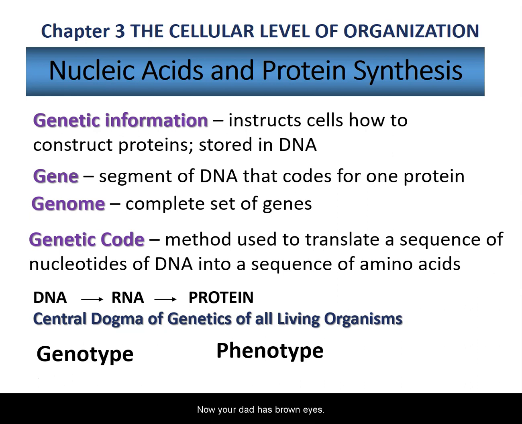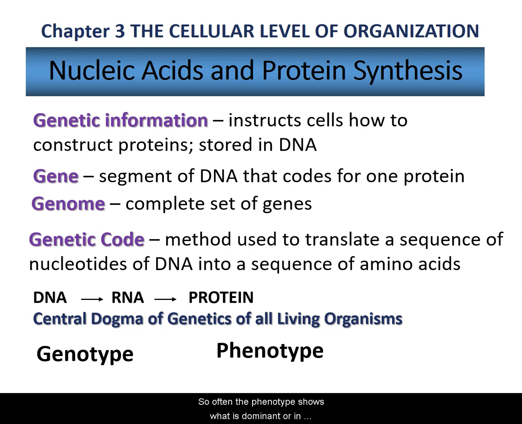Now, your dad has brown eyes, but his genotype is hybrid because you have blue eyes. Therefore, we know that he has the brown eye trait because that's what's being expressed. That's his phenotype. His genotype is hybrid because he has a brown eye trait and the blue eye trait together.